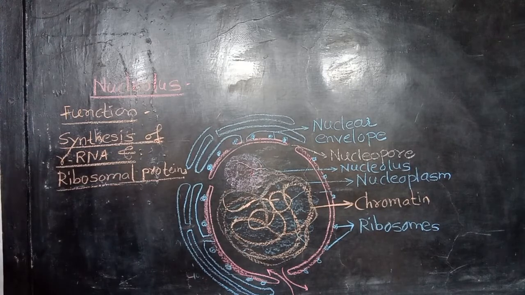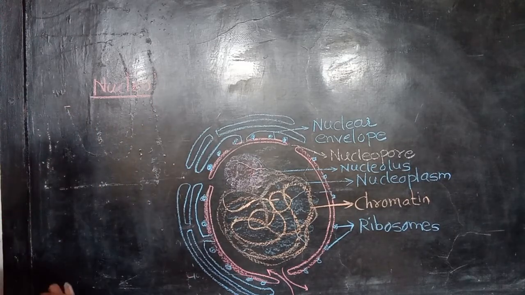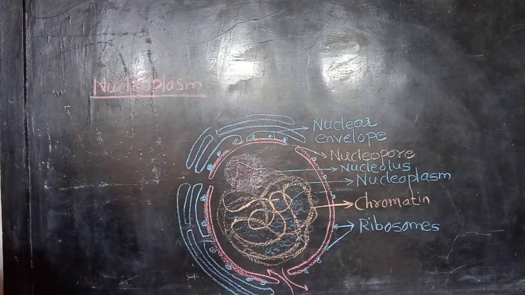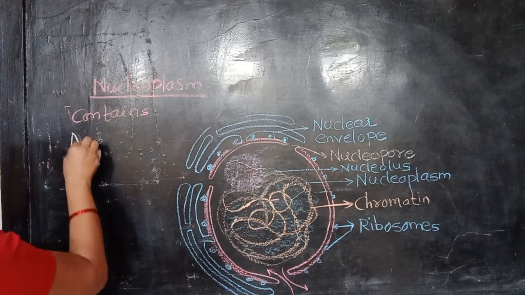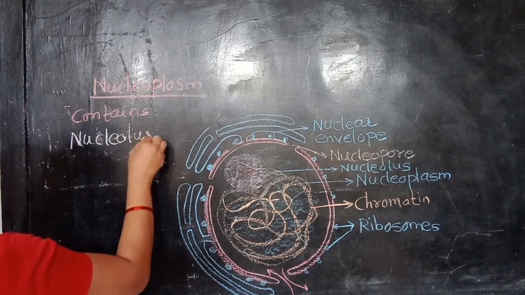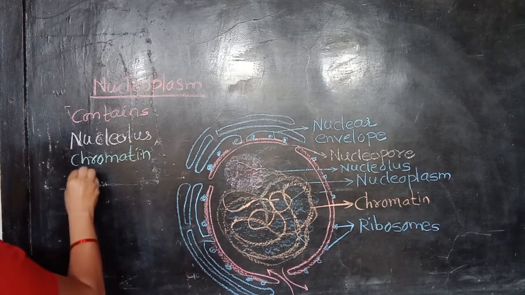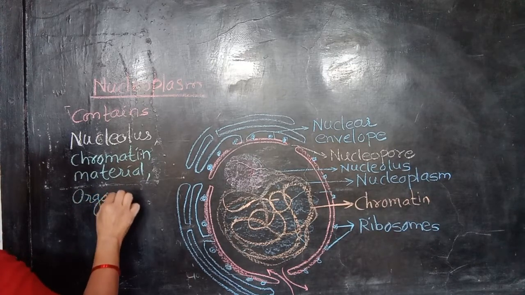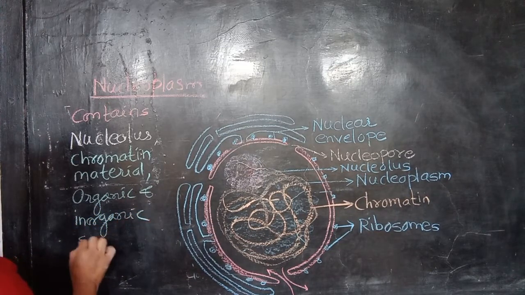Next point, that is nucleoplasm. Nucleoplasm contains nucleolus, then chromatin material, and some organic and inorganic substances.